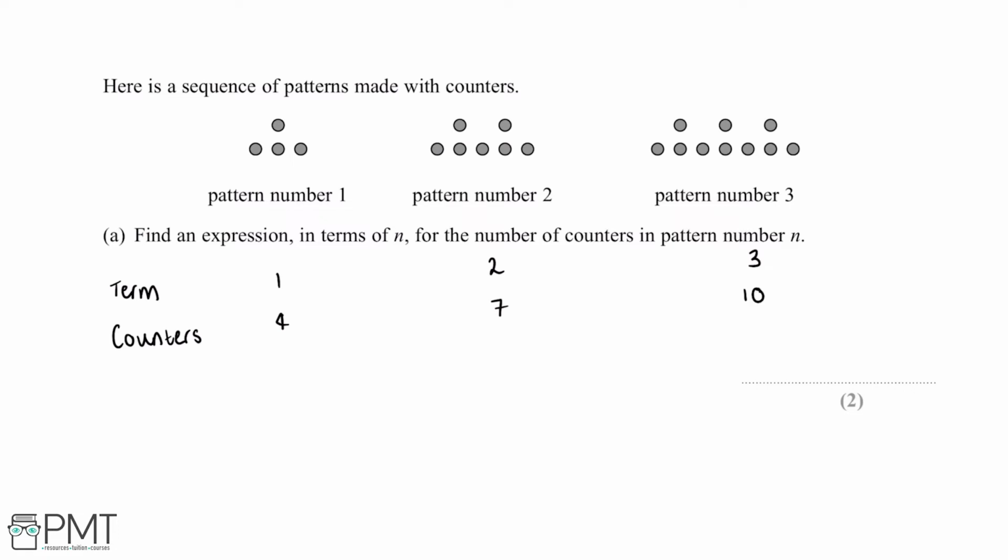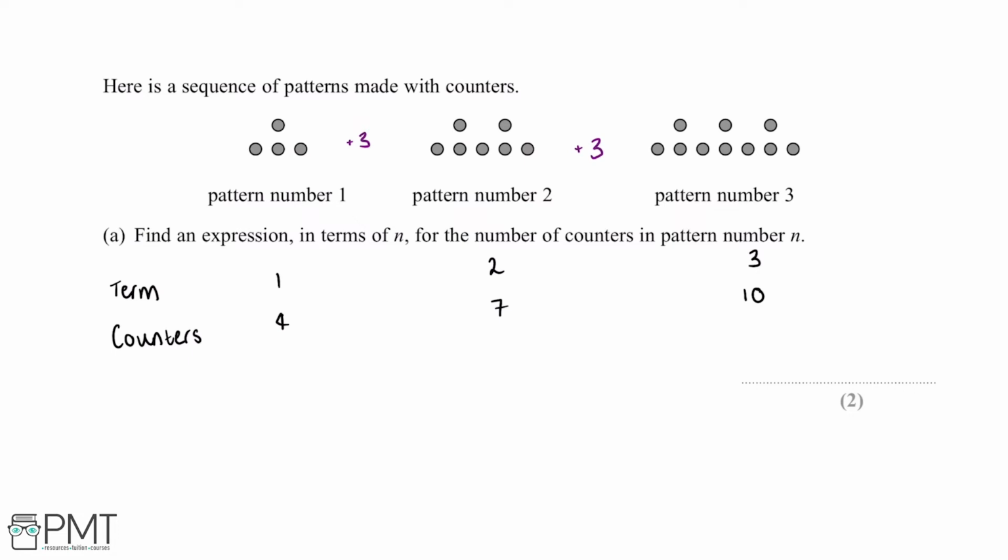So what we can see from this pattern of numbers is that each time the number of counters is increasing by 3. So term 1 plus 3 counters gives us term 2, and then term 2 plus another 3 counters gives us term 3.